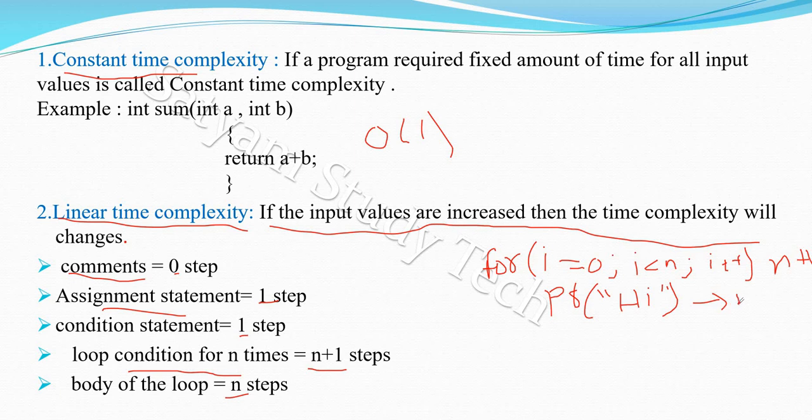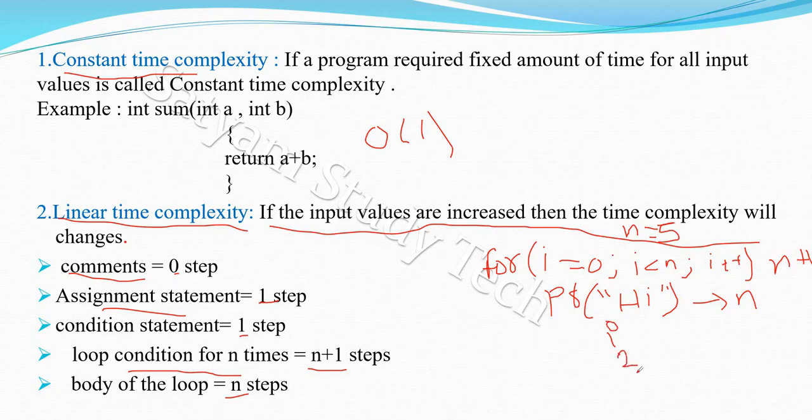but the body of the loop takes n times. For example, n equal to 5. So i equals 0 initially, i less than n, that is 0 less than 5. The condition is true, then i plus plus. Now the message is printed the first time, and i value is 1. It is printed the second time, and i value is 2.